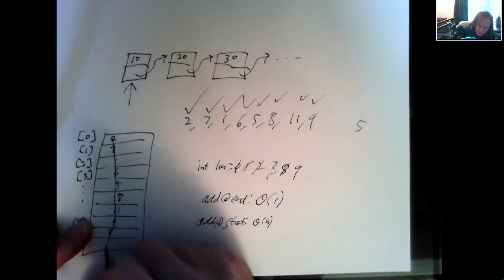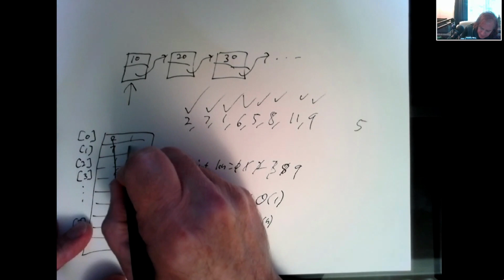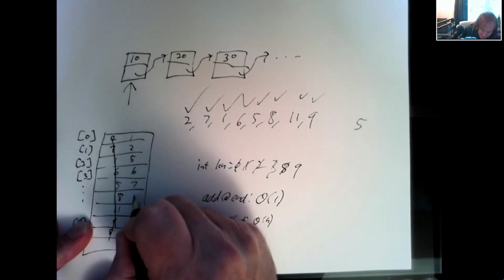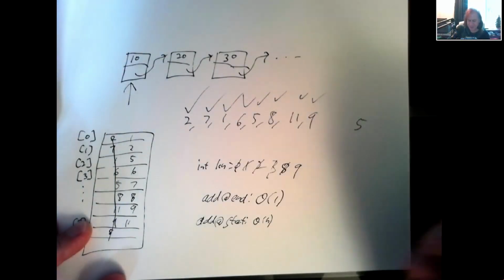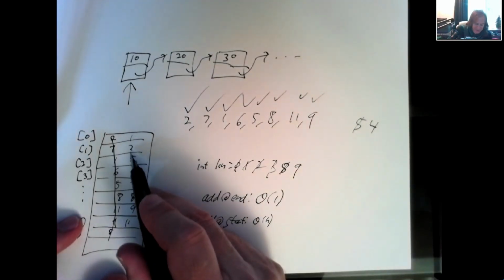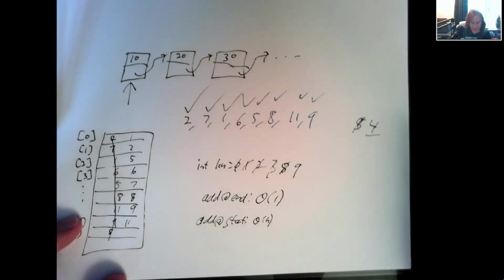So if our array contained the following information, 1, 2, 5, 6, 7, 8, 9, 11, and I shouldn't have tried to insert a 5 because I already had a 5 there, so let's just pretend I was inserting a 4. So suppose I have this information in my array and it's sorted, and now I want to insert a 4.